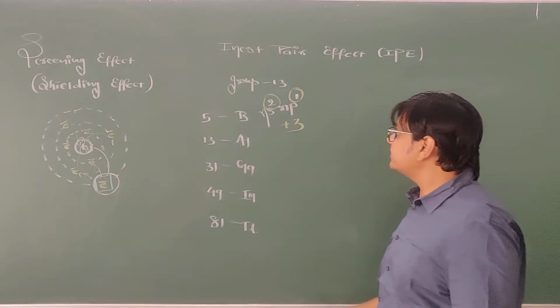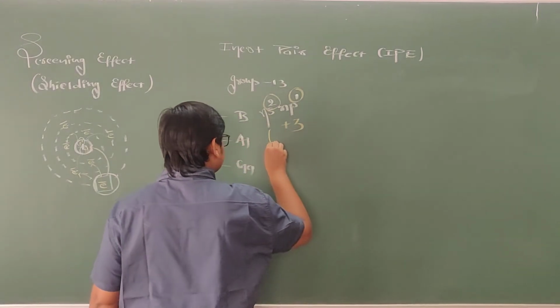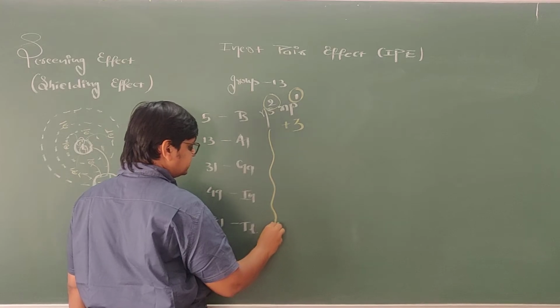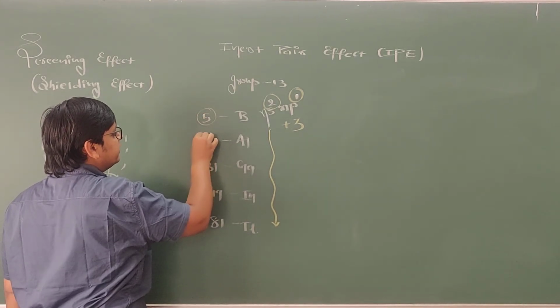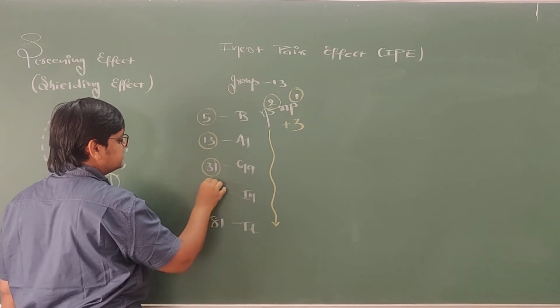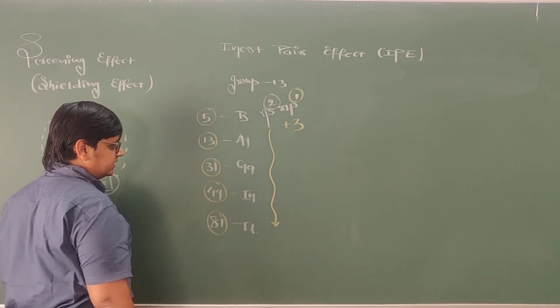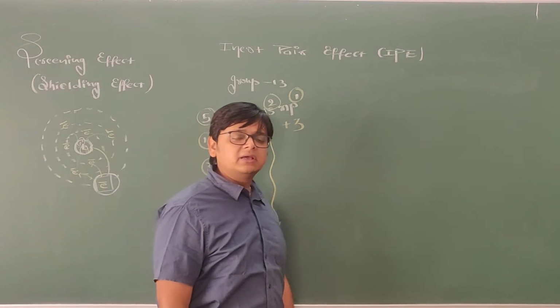But as we are shifting down the group, atomic number is gradually increasing. What does it mean?